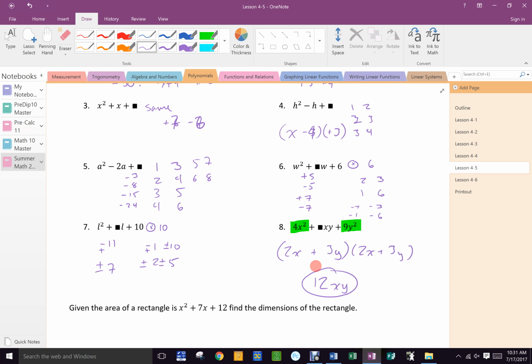Can't it be a 6? How could it be 6? How? It could only be plus or minus 12.